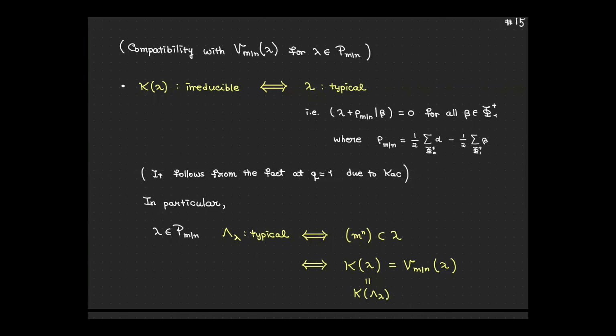The typical is some technical condition, but anyway, typical means that if lambda is shifted by the rho vector, which is the half sum of the positive even roots minus the half sum of the positive odd roots, then if we pair with any odd root vector, it is nonzero, and we call this lambda typical.